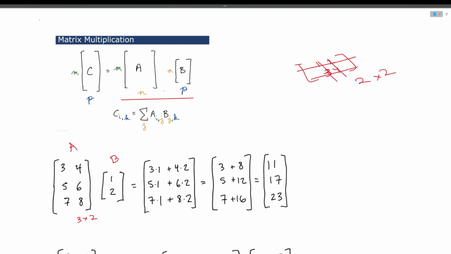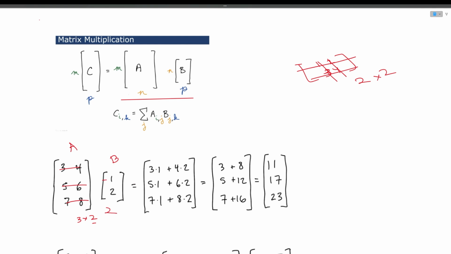A has three rows and two columns. So from the B matrix we are looking for two rows, because we have two columns, and whatever the other number is, we don't bother.